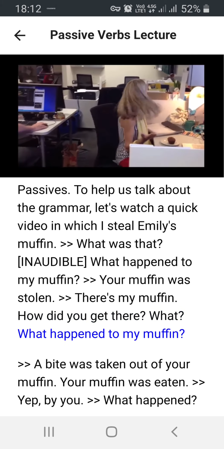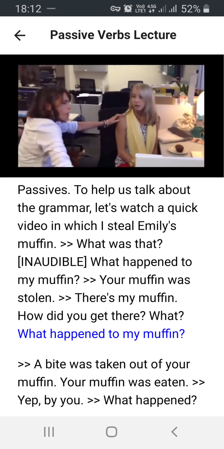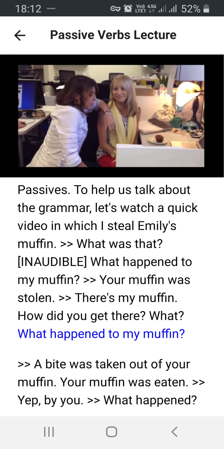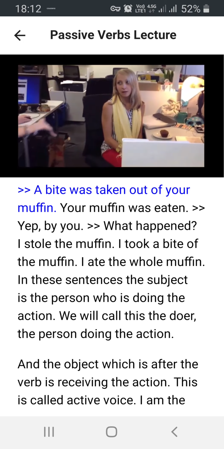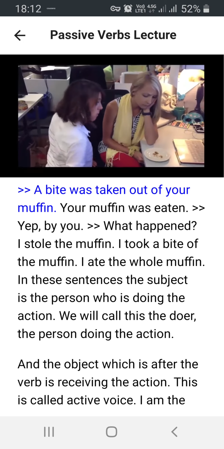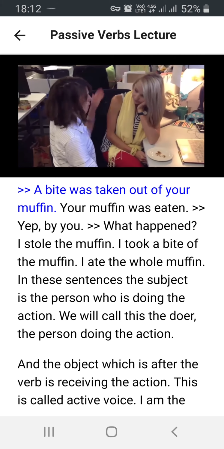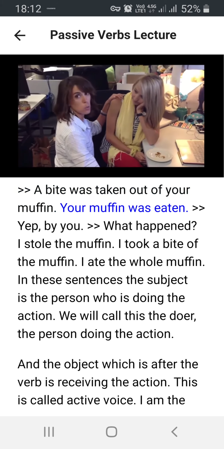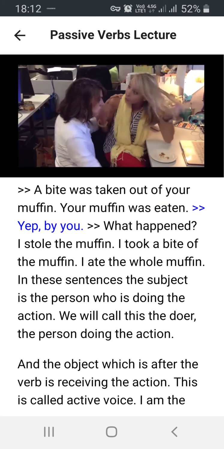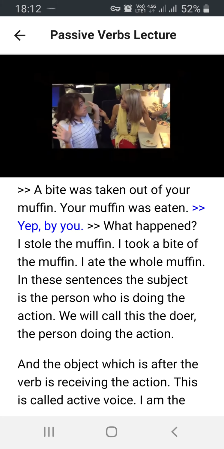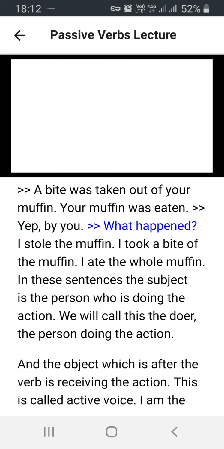What happened to my muffin? A bite was taken out of your muffin. Your muffin was eaten. Yep. By you. What happened? I stole the muffin. I took a bite of the muffin. I ate the whole muffin.